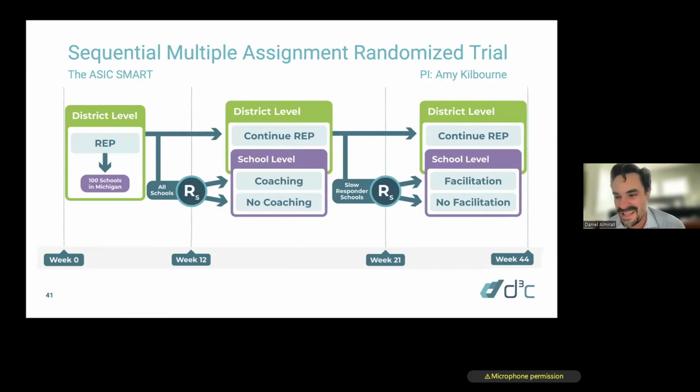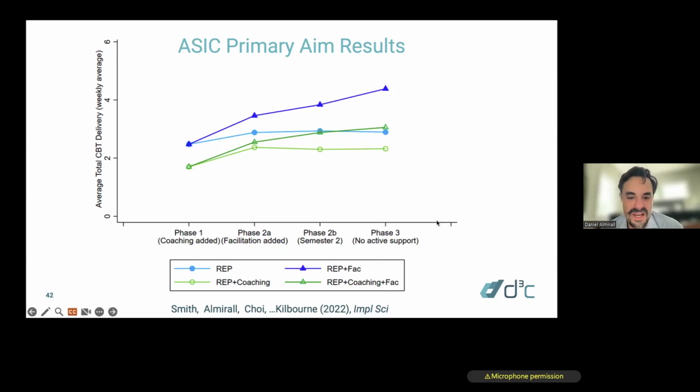You guys following me? So the two circles are the non-adaptive interventions. In fact, the light blue REP is our control intervention because there's no coaching and there's no facilitation. It's the least intense, least costly of the 4 of them. And of course, the flagship is the last one, the green triangle.